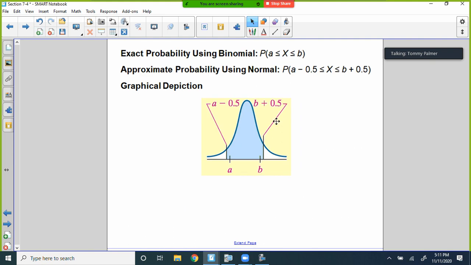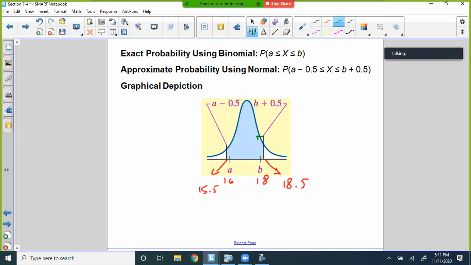Now, what happens if they want between? If this is 16 and that's 18, then this right here is really going to be 15 and a half, and this right here is going to be 18 and a half. When you do a normal approximation of a binomial probability, remember that it's actually a bar.